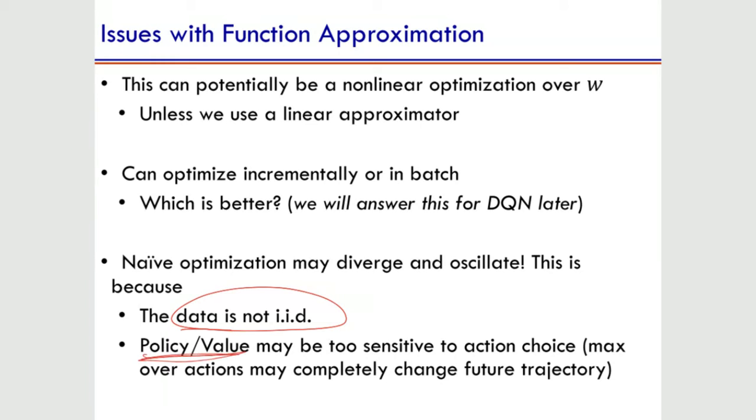Also, the values may be too sensitive to the action choice, because there's a max operation going on with some discrete choices in your targets, which may cause some issues, but we'll get into it again soon.